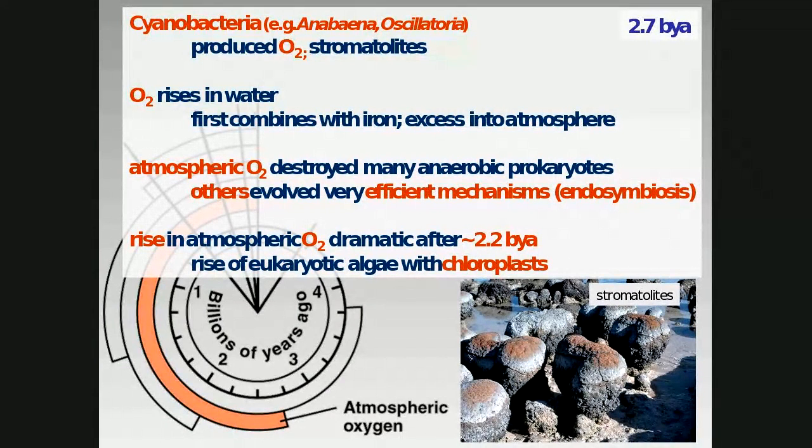But these blue-green algae were producing oxygen, and they made massive amounts of oxygen, and they grew in these huge mats of cyanobacteria. So like the Anabaena and Oscillatoria that you saw, they would grow these huge, gigantic areas they would cover. Stromatolites, in the lower right, are some stromatolites. I think these are from Shark Bay, Australia.